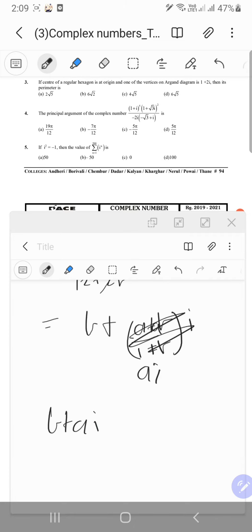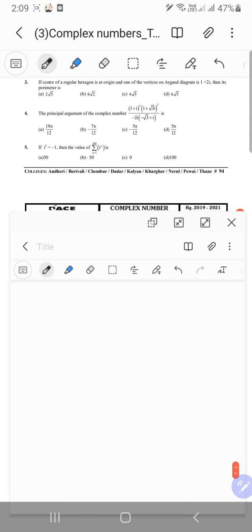Next question. The center of a regular hexagon is at origin and one of the vertices on the Argand plane... So this Argand thing, it just refers to a complex plane. If the center of a regular hexagon is at the origin, okay, so say you just got a regular hexagon like this.